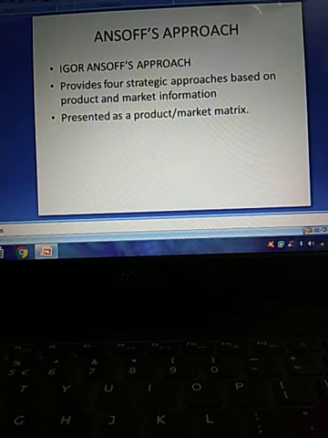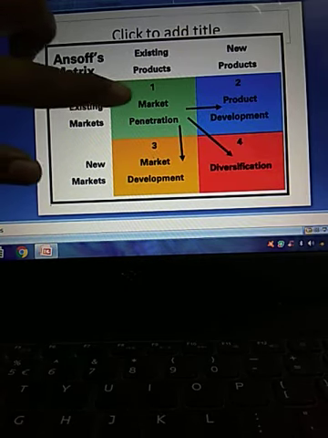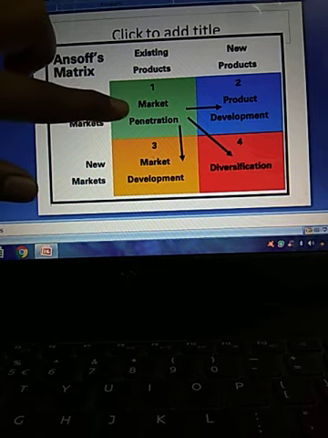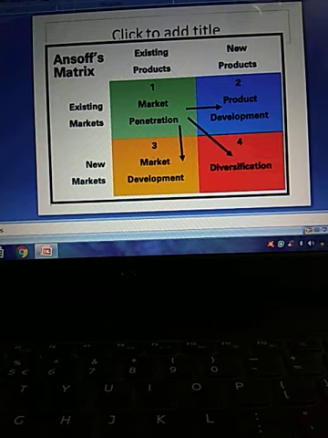Let us see what that matrix is. Ansoff's matrix: what are the strategies? The first one is market penetration, the second is product development, the third is market development, and the fourth is diversification.